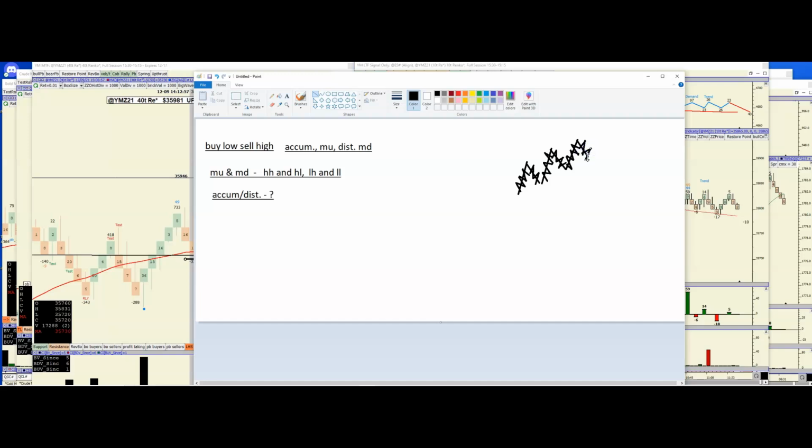Meaning a wave on one time frame is a trend on another. So you always hear, okay, higher high, right? That's what you hear. This is like the common thing.